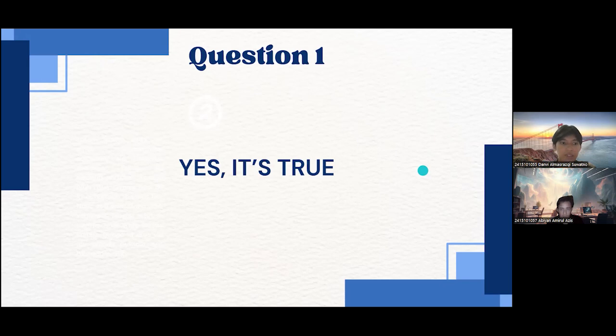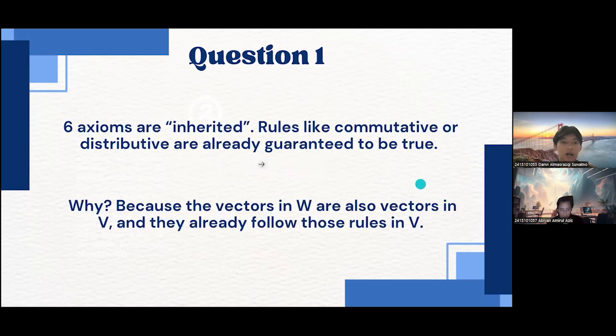Why? Because 6 axioms are inherited. Rules like commutative or distributive are already guaranteed to be true, because the vectors of W are also vectors in V, and they already follow the rules in V. Because of that, we don't need to check them again.